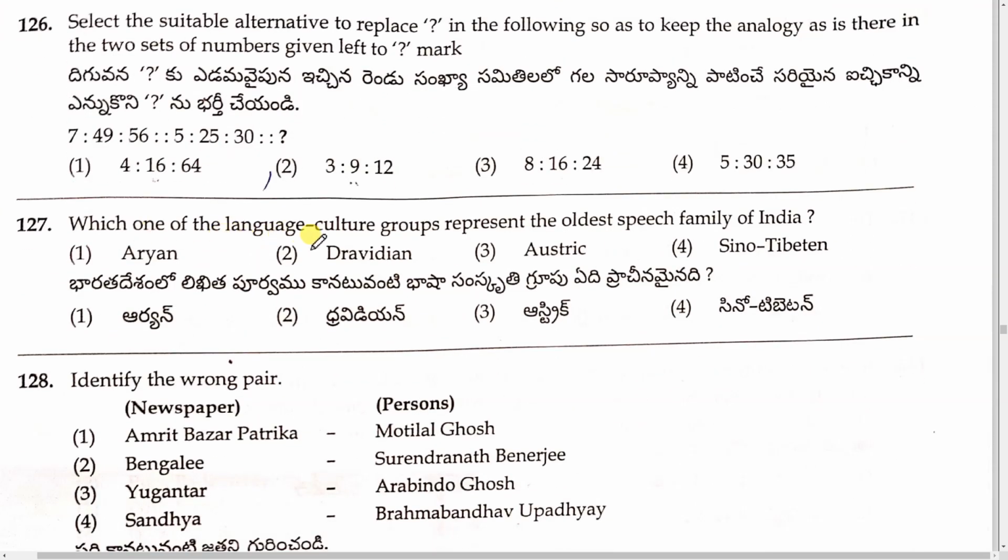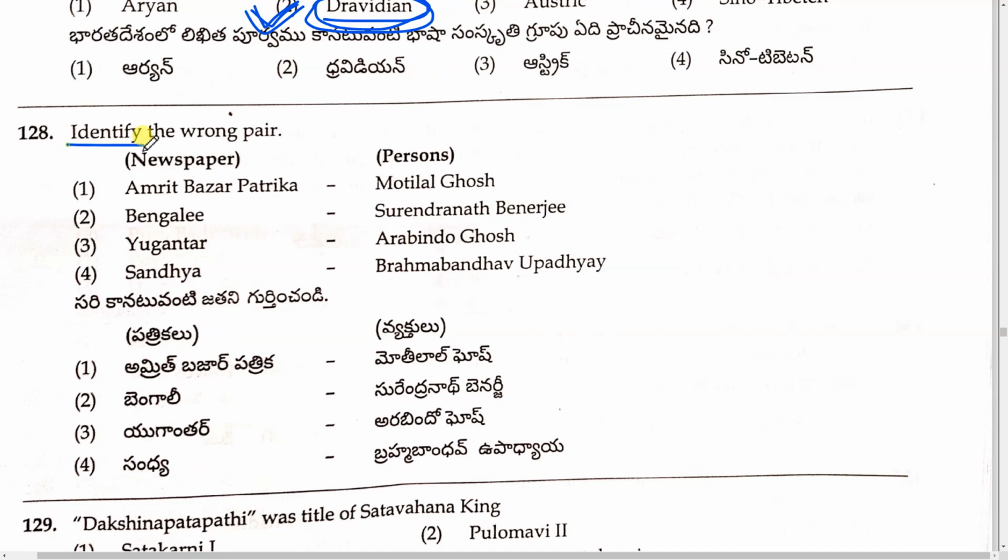Which one of the language culture groups represents the oldest speech family of India? The oldest speech family of India is known as the Dravidian language family. Identify the wrong pair. Here the newspaper and the person are given. We have to identify the wrong pair.